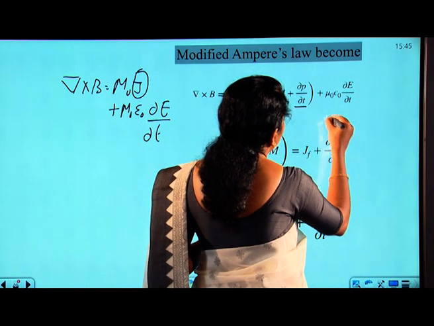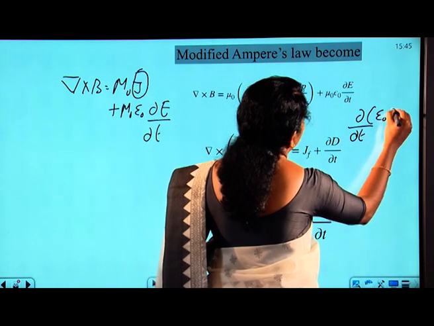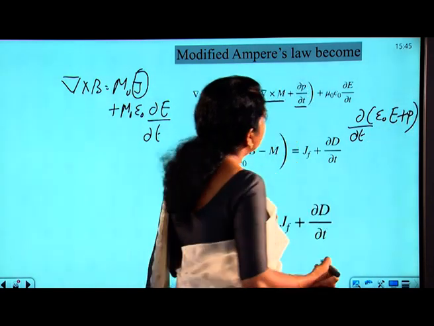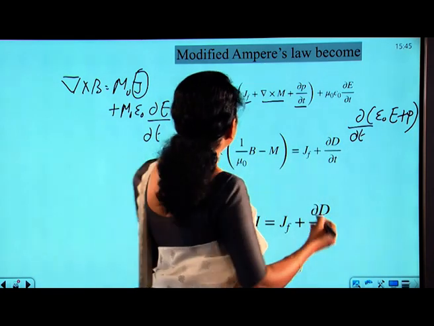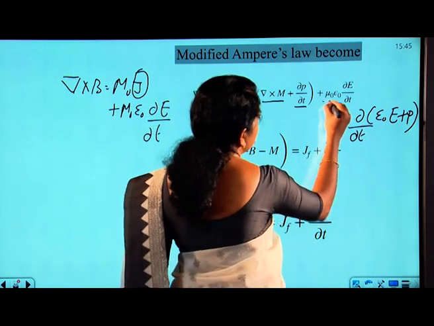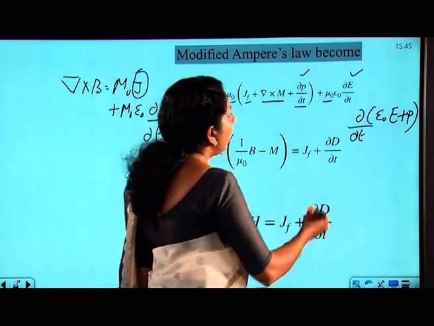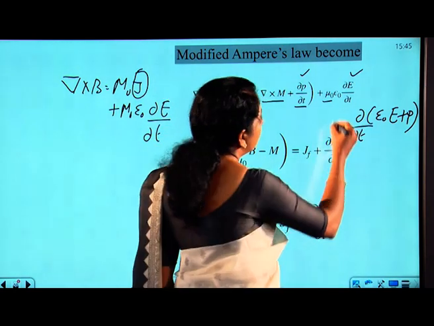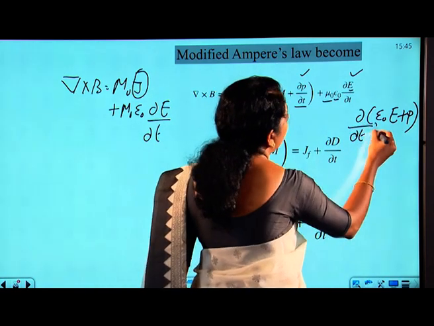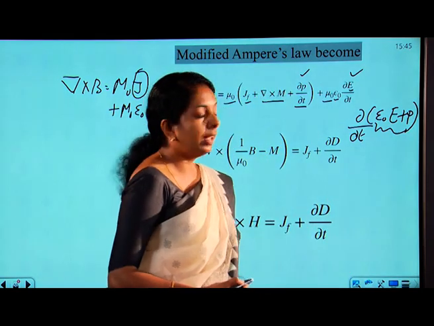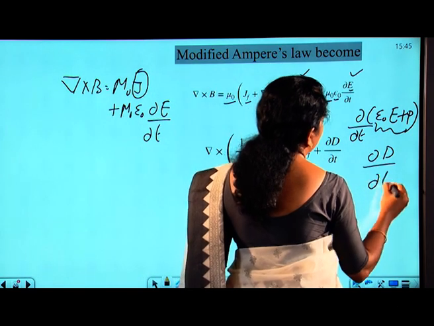So, it becomes del by del t of epsilon 0 E plus P. Dividing by mu 0, this mu 0 goes and this mu 0 also goes, and we have del by del t taken as common. So, this is epsilon 0 E plus P, and we have defined epsilon 0 E plus P as D. So, this expression becomes del D by del t.